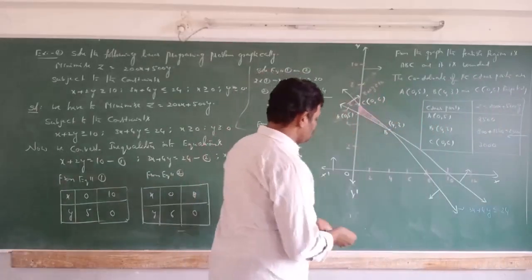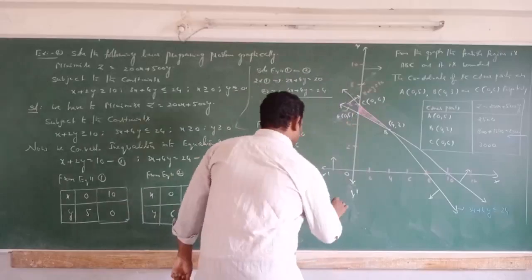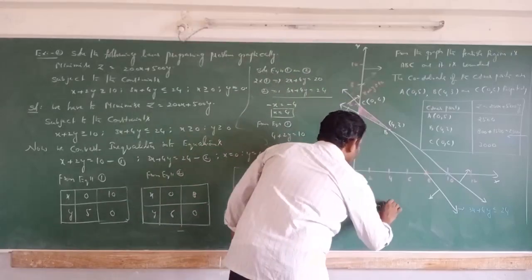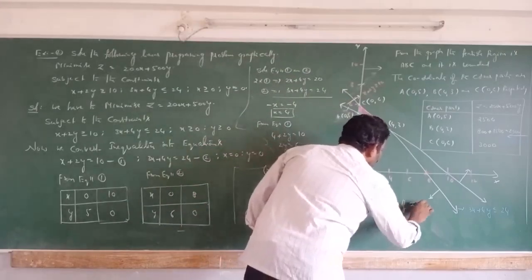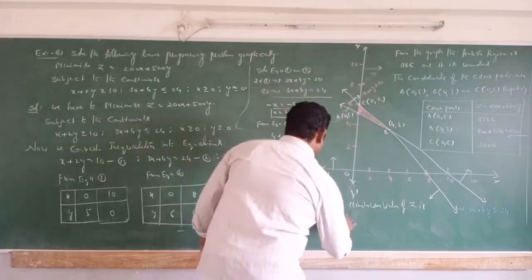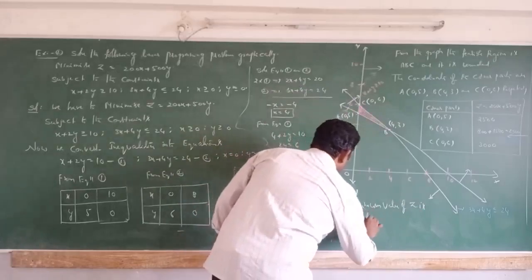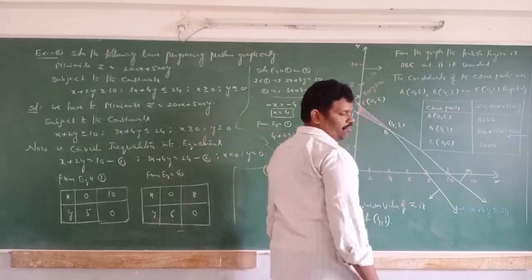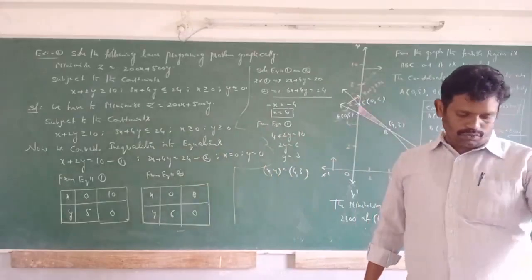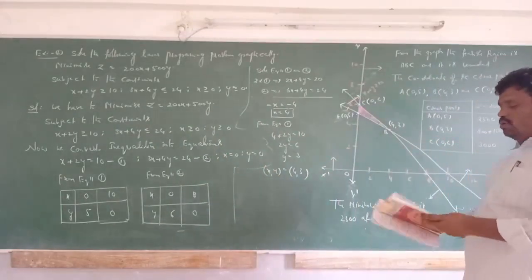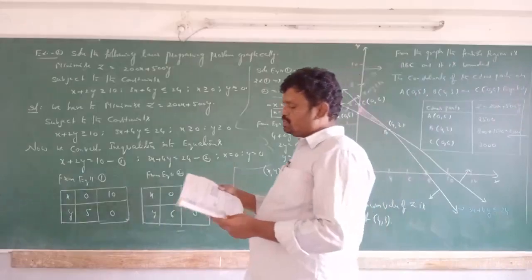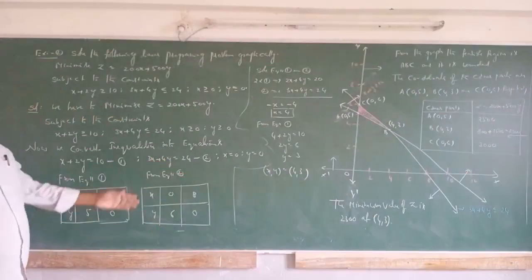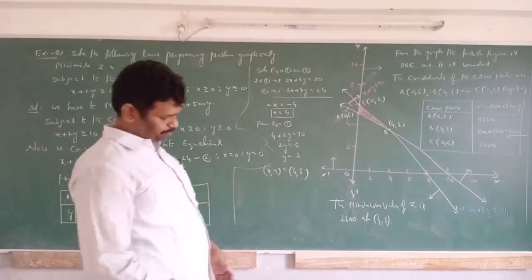So finally, the minimum value of Z is 2300 at the point (4, 3). Okay, 2300 is the minimum value. So this is another example of the same model.